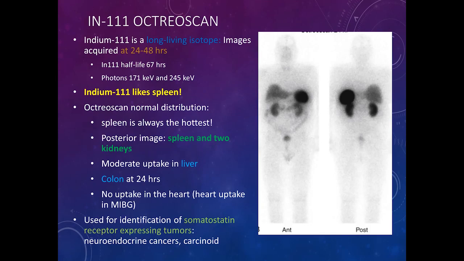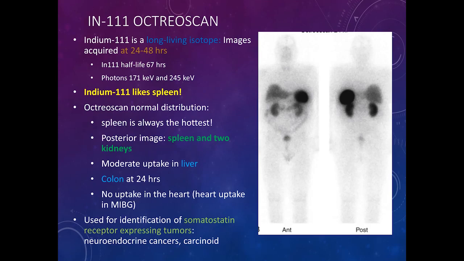And the hallmark of OCTREOSCAN is spleen and kidneys. If on posterior view your hottest organs are spleen and kidneys, you know you're looking at OCTREOSCAN. There is no other scan that looks like that. Spleen and kidneys, remember that. It's like Antmini, you have to remember it. It's nothing else that looks like it.